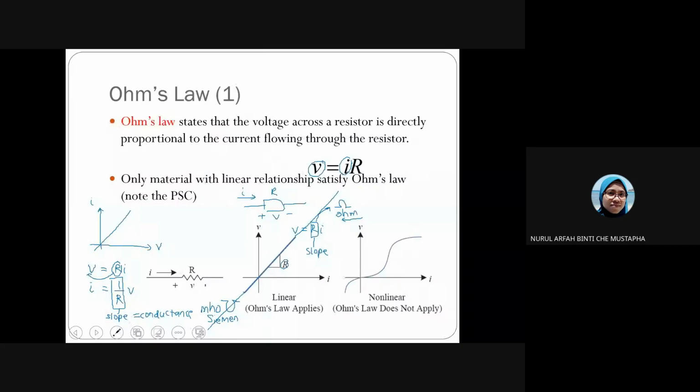Yes. So you have here, this is, and this is. Actually, yes. By R or negative resistance.